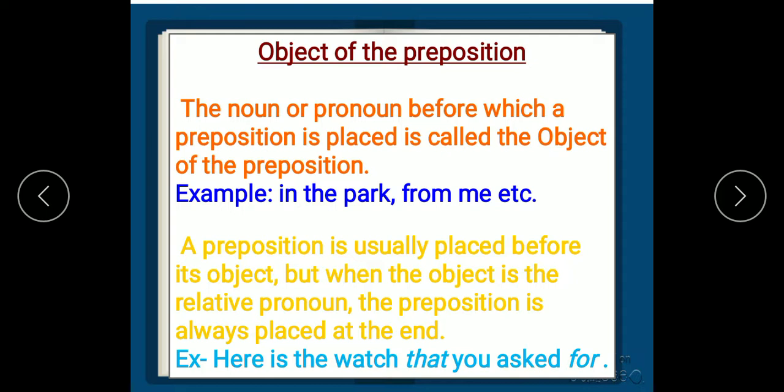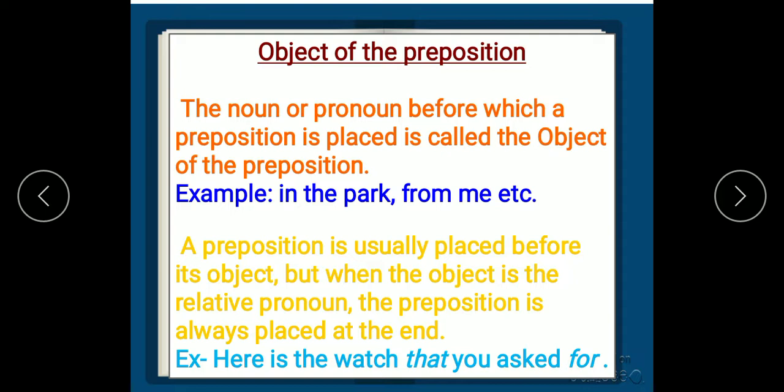That means the word or the noun or pronoun which is placed just after the preposition, that is object of the preposition. A preposition is usually placed before its object, as it is said above, but when the object is the relative pronoun, the preposition is always placed at the end.